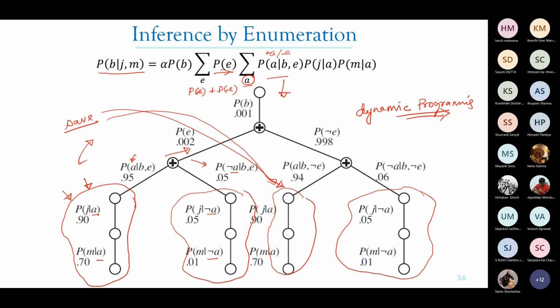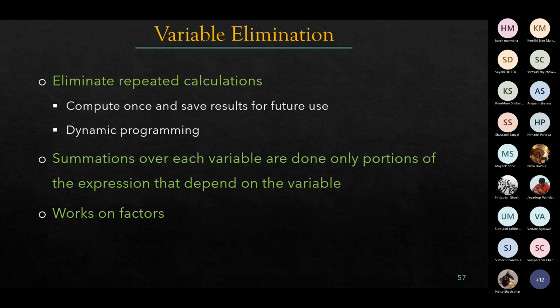And when these results are necessary, they are retrieved from the database, right? So exactly, we'll be using a similar kind of approach. We'll try to eliminate the repeated calculations, right? We'll compute it once and save the result for future use. And that is exactly what we follow in dynamic programming, right?